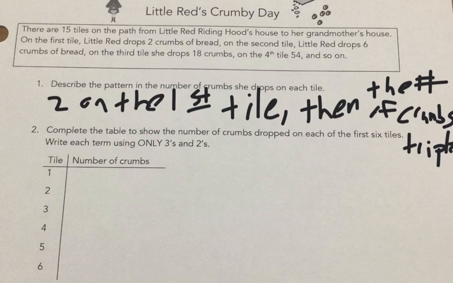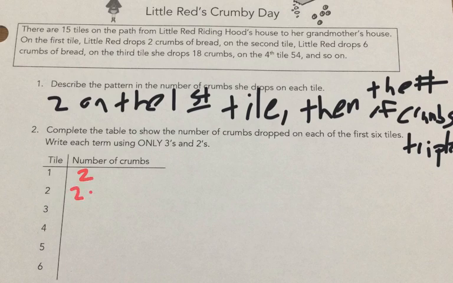Complete the table to show the number of crumbs dropped on each tile of the first 6 tiles. Write each term using only 3s and 2s. So how many was on the first tile? 2. How many was on the second tile?